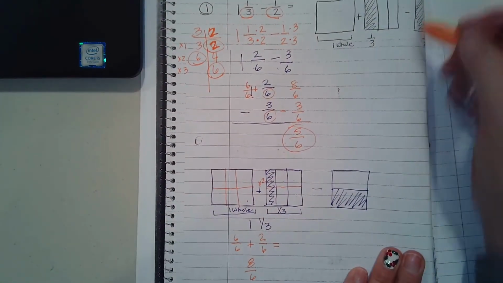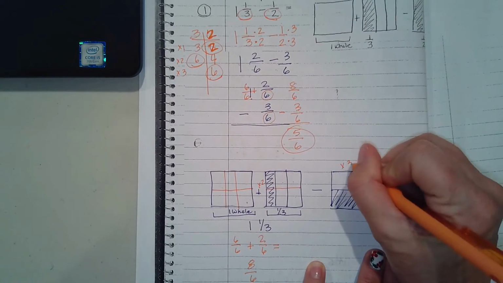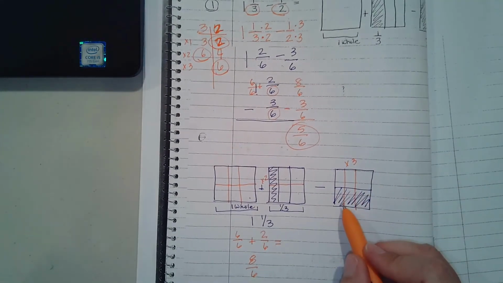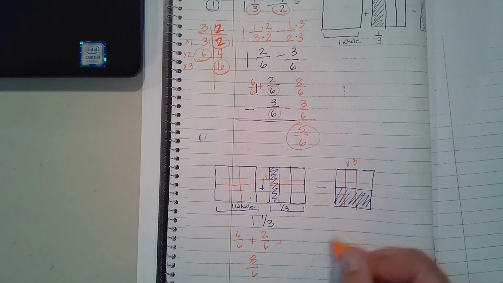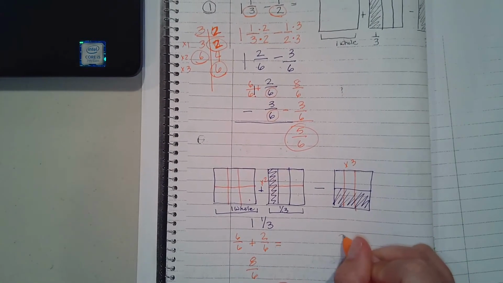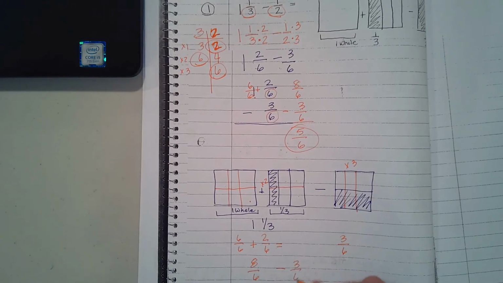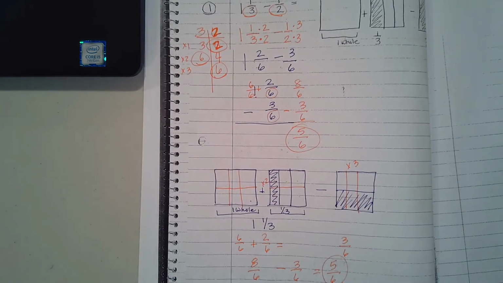Now over here, I multiplied by 3. And now instead of having 1/2, I now have 3/6. So I have 8/6 minus 3/6, which is 5/6.